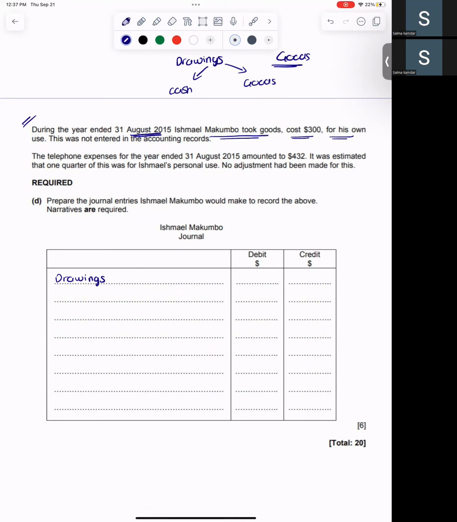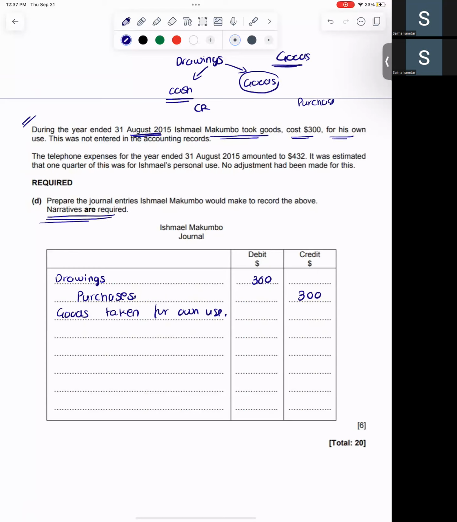So drawings will be debited. If you are taking drawings in cash, cash will be credited. If the drawings is in goods, purchases will be credited. So drawings debit, purchases credit. So I will credit the purchases. What will I write in my narration? Goods taken for own use. Why am I writing narration? Because they are saying narration is required.